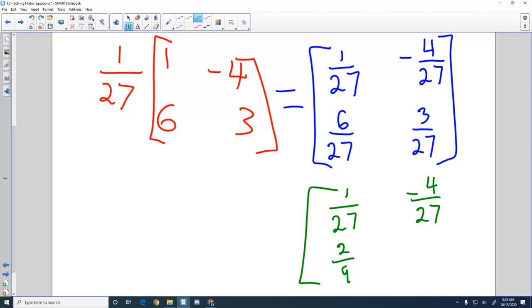Divide both of these by 3, we get 1 over 9. So right there in green, that would be the official simplified inverse matrix. But still what I have in red, technically that represents the inverse matrix as well, that we're going to be using to solve equations, which we're just about to actually get to.